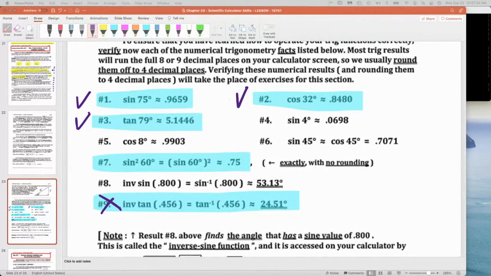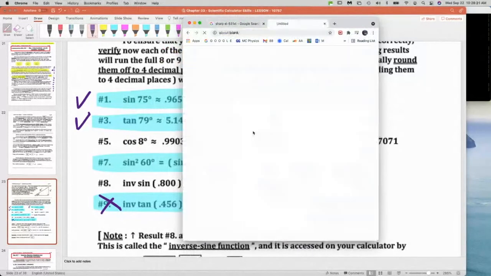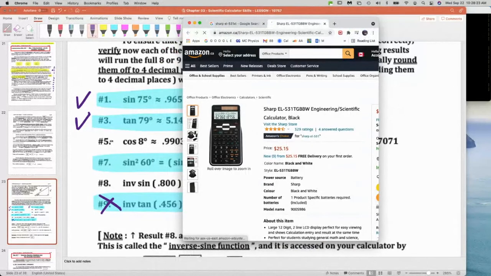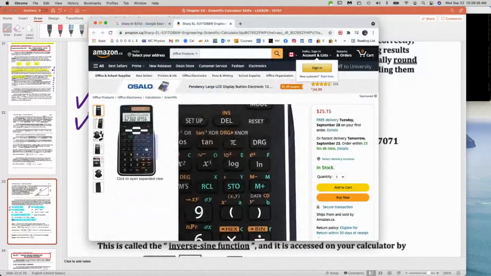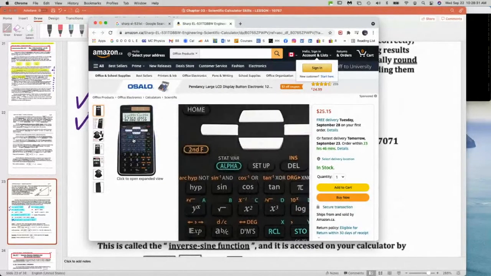Okay, so which calculator do you have? Okay, let me Google it. Hang on a second. I'm opening up a new window. Is this the one? Thank you, Sanjit.